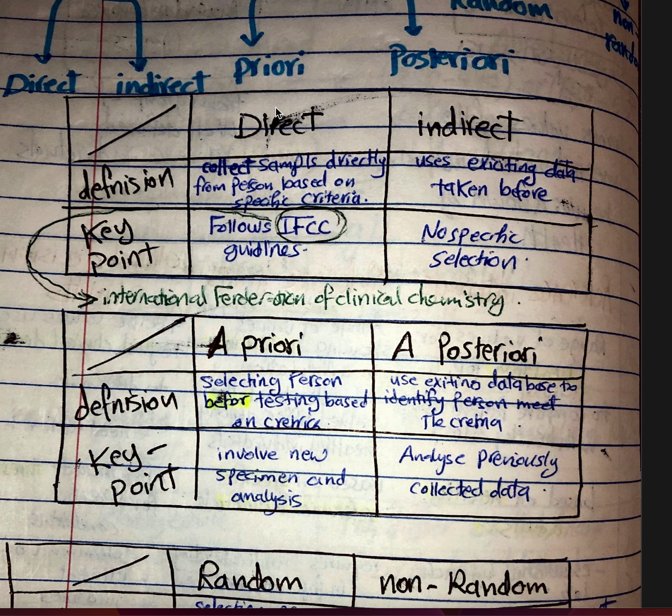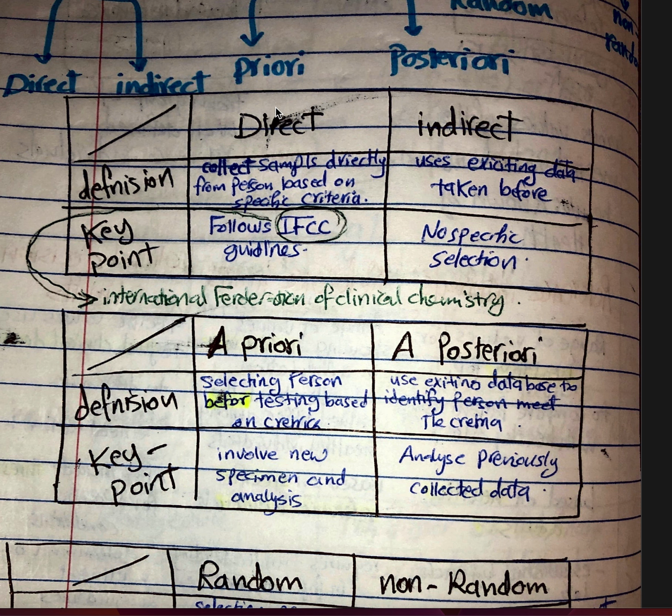So the first one is what we mean exactly by direct or indirect. Direct is collecting the samples directly from the person based on specific criteria. Indirect uses existing data taken before. Like, I have a person and I want to know if he is healthy or a patient, so I take the sample directly from him because I have specific criteria on him.